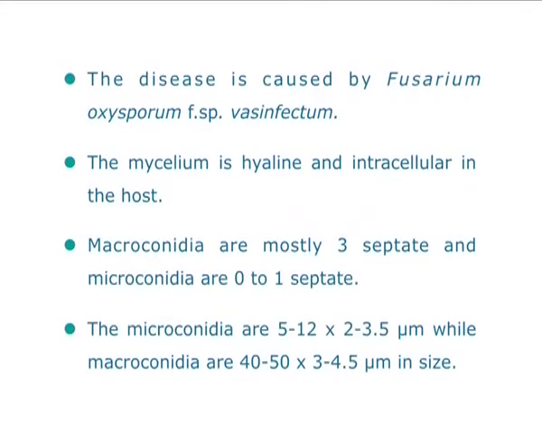The disease is caused by Fusarium oxysporum f. sp. vasinfectum. The mycelium is hyaline and intracellular in the host. Macroconidia are mostly 3-septate and microconidia are 0 to 1 septate.